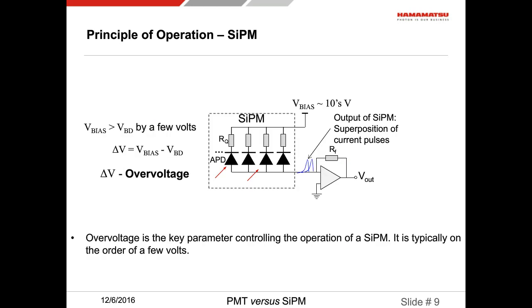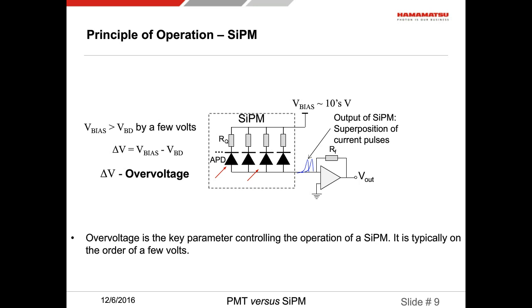Let's now briefly review the operation of the SiPM. As mentioned before, a single microcell is a series combination of an avalanche photodiode and a quenching resistor. The entire device is biased with a bias voltage, which is typically on the order of a few tens of volts.